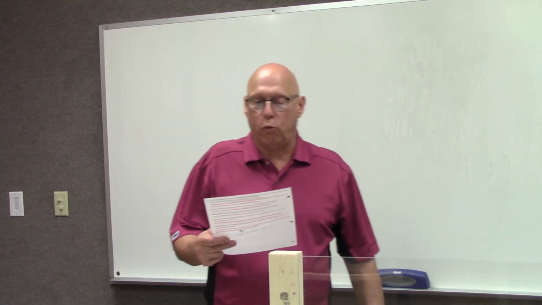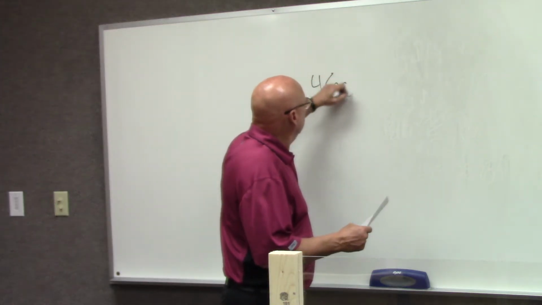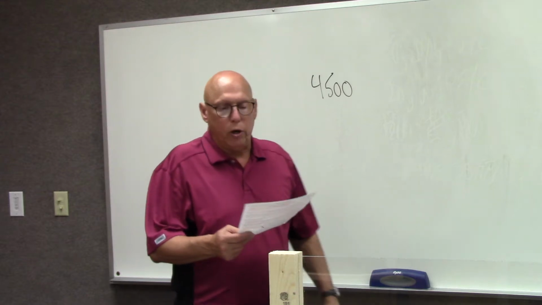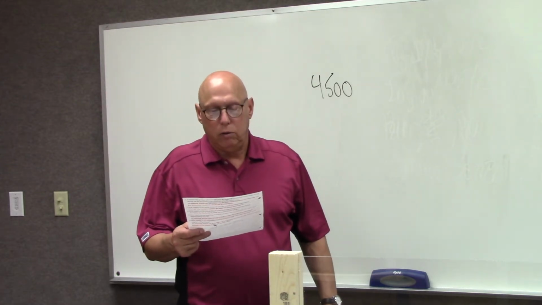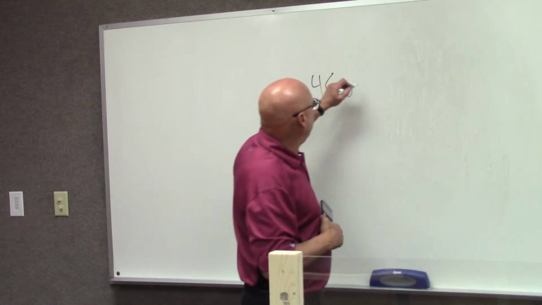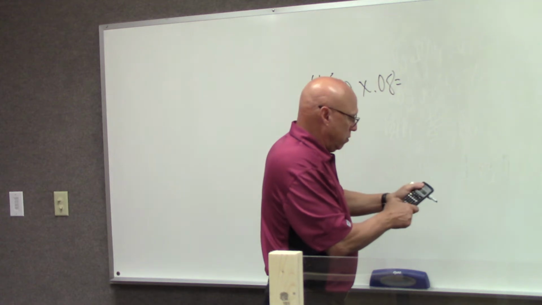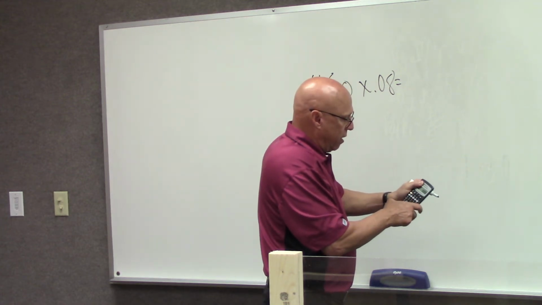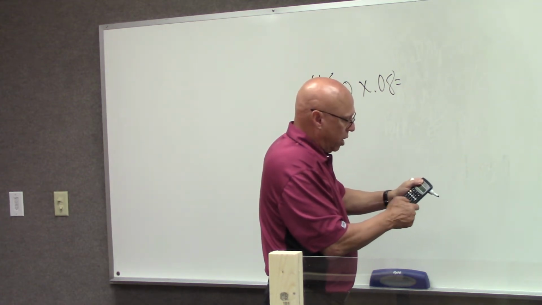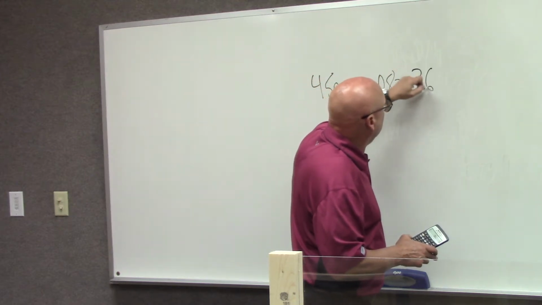You have a lump sum of $4,500. That's your principal. You will earn 8% annually for 7 years. So, 4,500 times 0.08, let's clear the calculator out, 4,500 times 0.08 equals $360 a year.